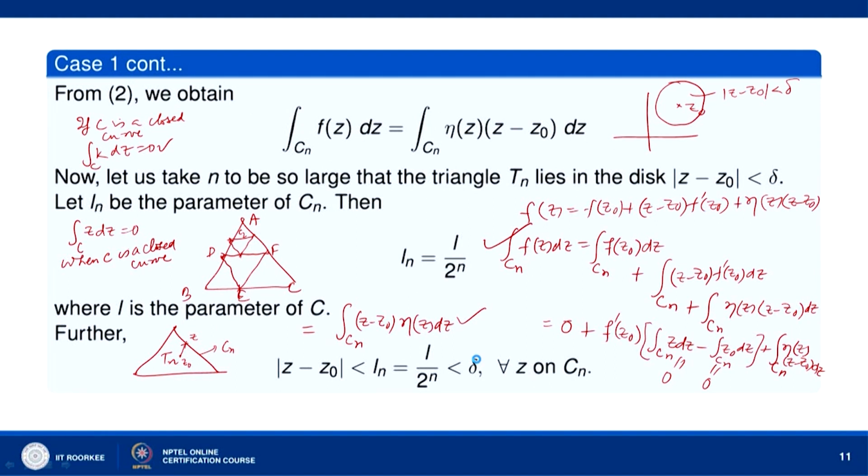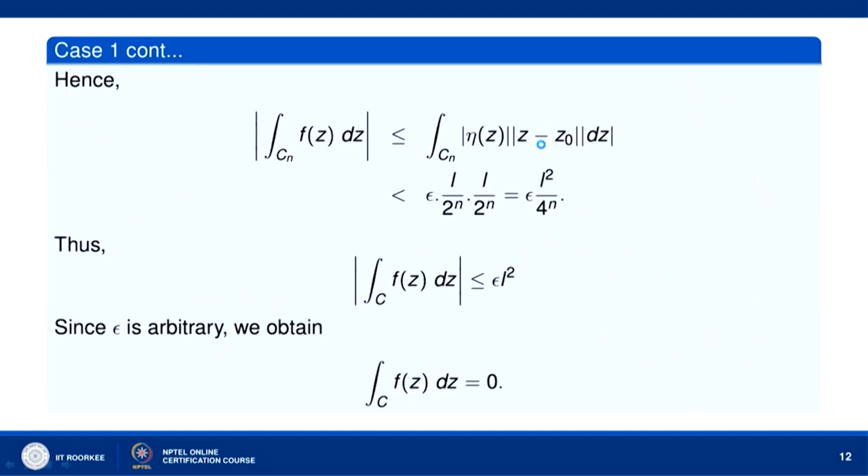Now, let us come to this mod of integral over Cn f z dz. So, mod of integral over Cn f z dz will be less than integral over Cn mod of eta z, mod of z minus z naught, mod of dz. Mod of eta z is less than epsilon whenever mod of z minus z naught is less than delta. So, this is epsilon, and mod of z minus z naught is less than L by 2 raised to the power n.